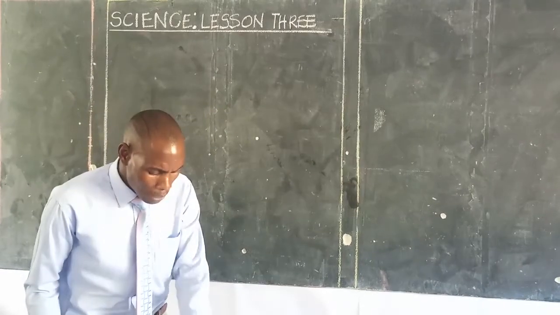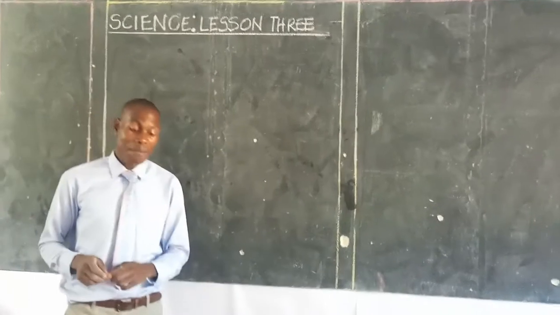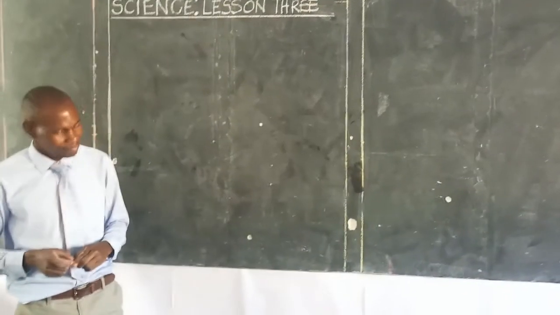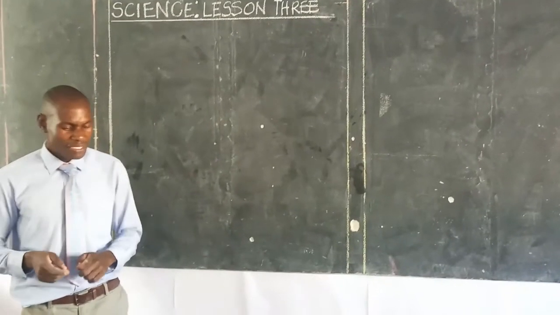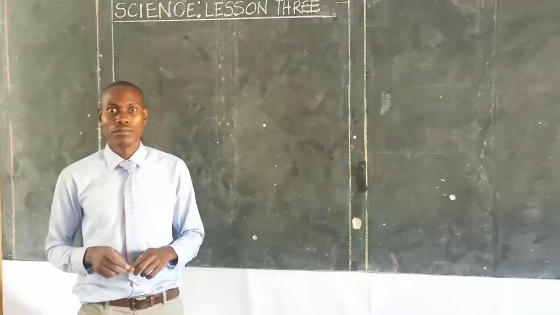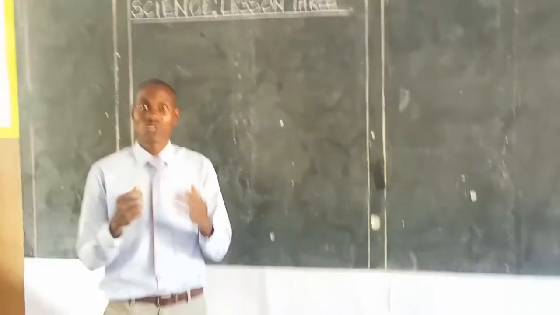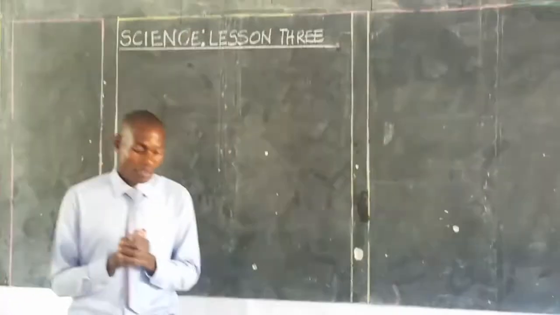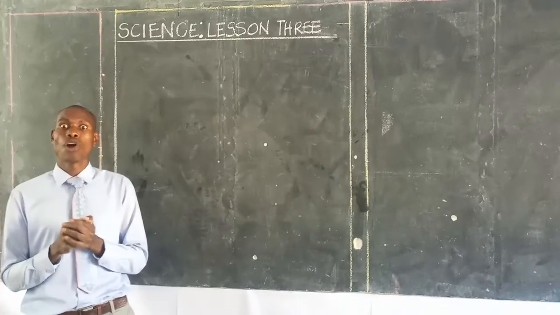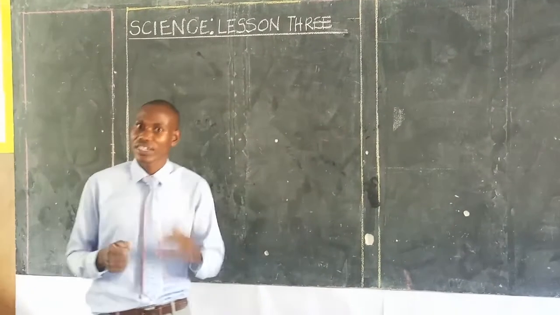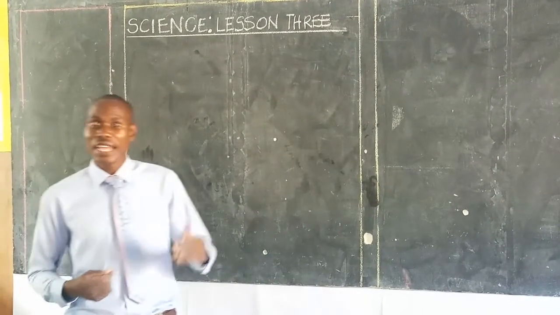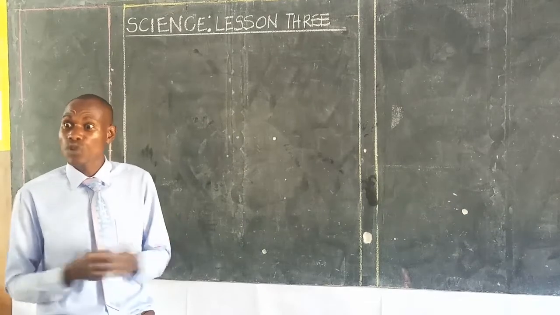Our question number 4 says, how does light from an electric bulb spread to all parts of a room?